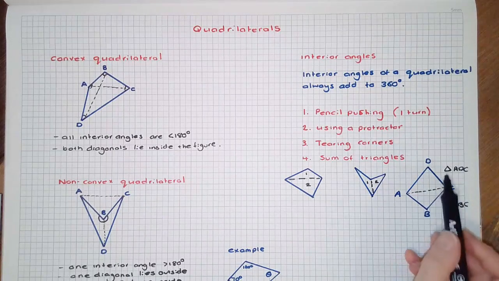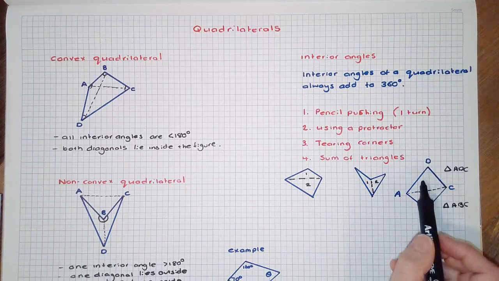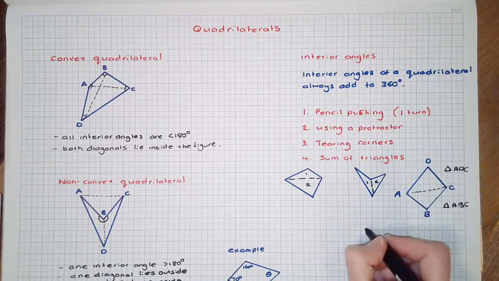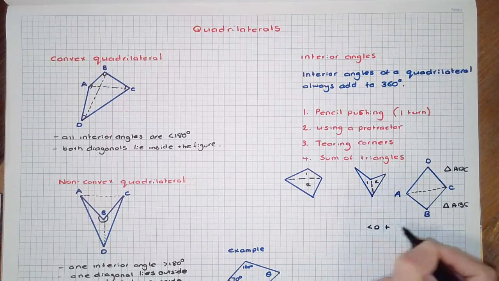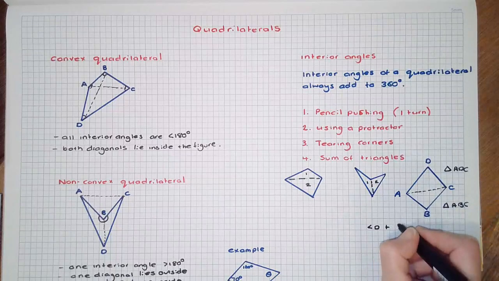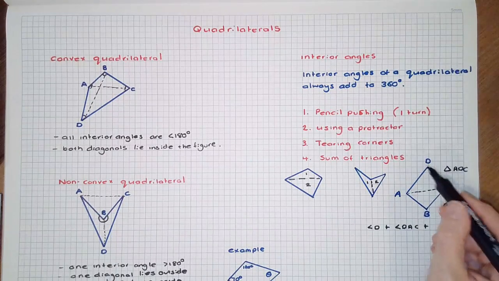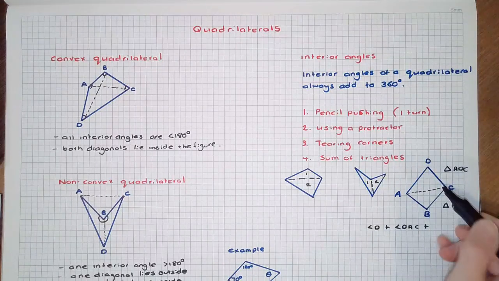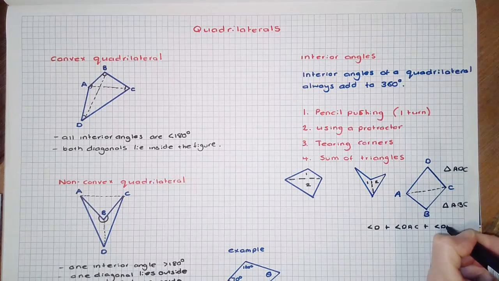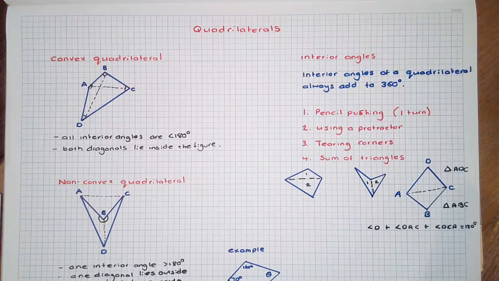Looking at the top triangle ADC, the interior angles are angle D plus angle DAC, which would be in this position here, plus angle DCA, being in this position here, would all equal 180 degrees.